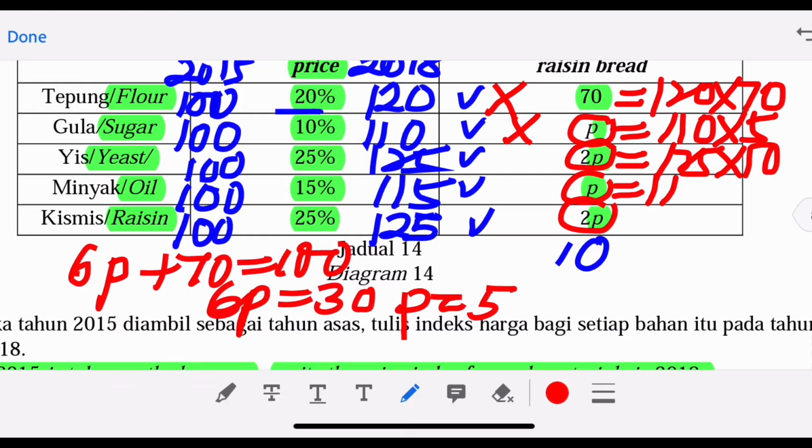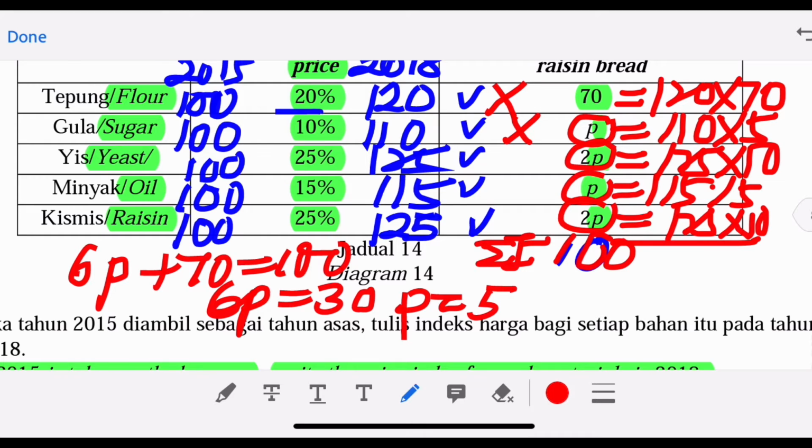And 115 times 5, and then 125 times 10. We'll add up everything, total up, then divide by 100. This is the sum of the weightages. This is the sum of the I times the weightages. So we will sum up all this and then divide by 100.